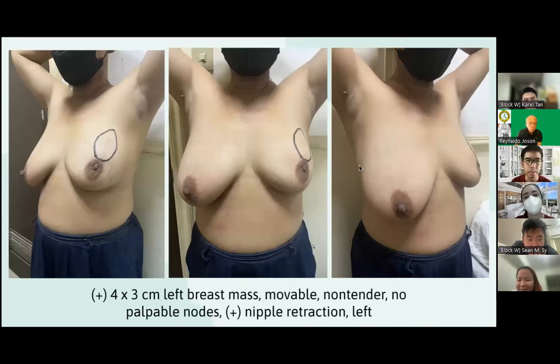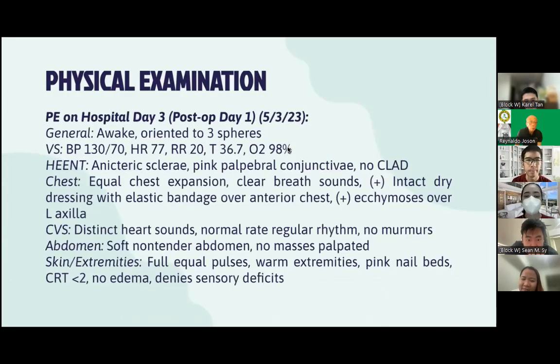So here we have the pictures of the patient on admission. We can observe the breast asymmetry and nipple retraction, as well as the location of the mass as encircled here. So this was the PE that we were able to do. We saw the patient already on post-op day 1.